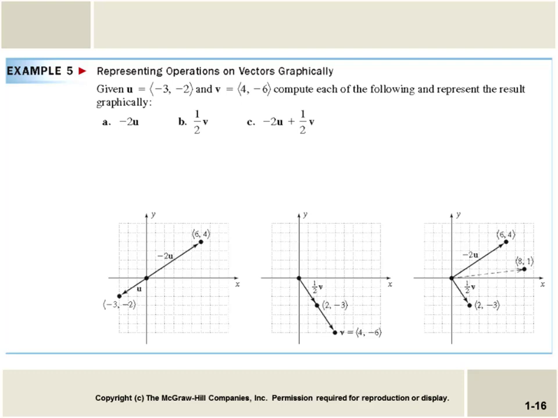Because, remember, one of the rules says I can take minus 2 times the vector minus 3, minus 2, which distributes, so this becomes 6, 4. Okay? And so if you look at the first one, A here is minus 3, minus 2. If I multiply it by 2, I get minus 6, minus 4. But because I'm multiplying by negative, it goes in the exact opposite direction, just like we would expect.